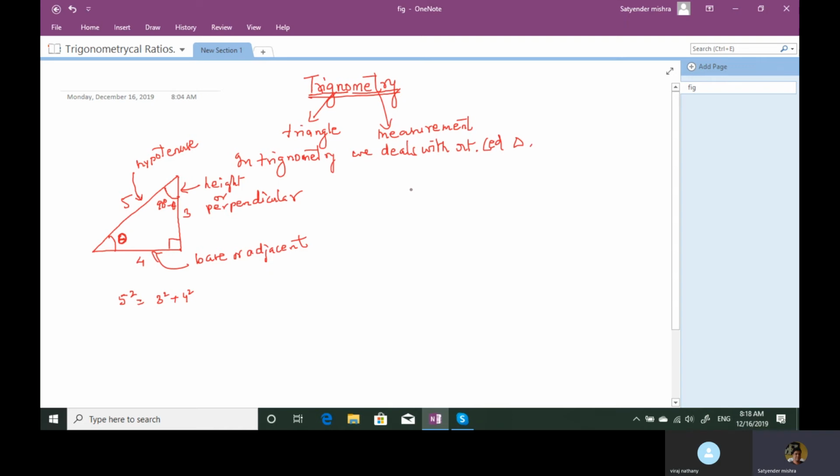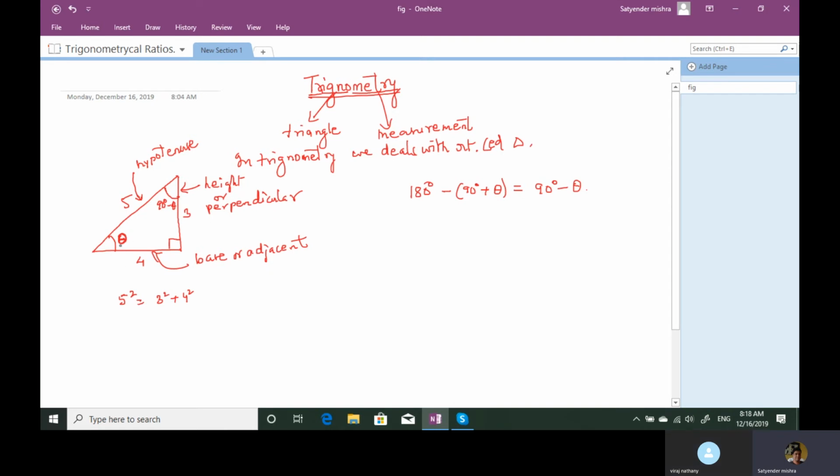The sum of all the angles of a triangle is 180 degree, and we know this angle is theta, so we subtract the sum of these two angles from 180 degree: 180 degree minus (90 degree plus theta). So we get 90 degree minus theta.